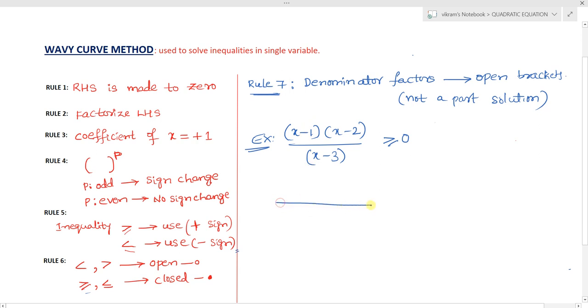Now we represent the factors on a real scale, from minus infinity to plus infinity. x minus 1 means x equals to 1, x minus 2 means x equals to 2, and x minus 3 means x equals to 3.